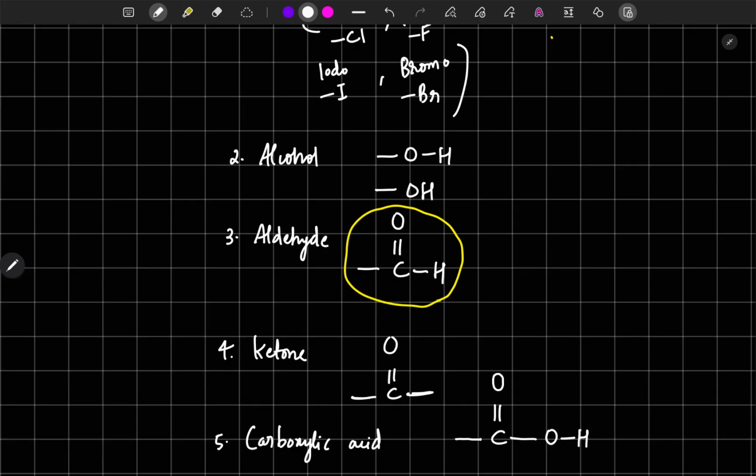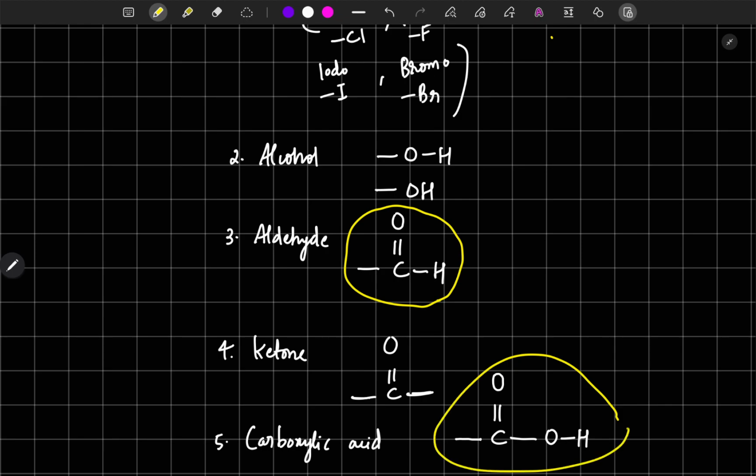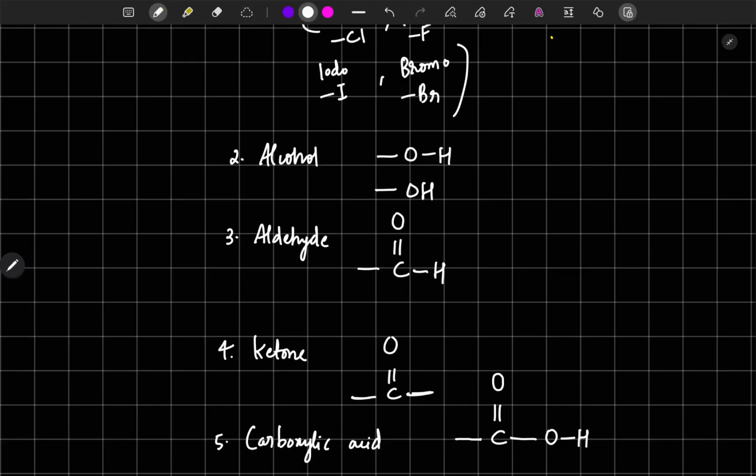So if something like this comes in any compound, that is called the carboxylic acid functional group. This group of atoms is called a functional group. So don't forget.